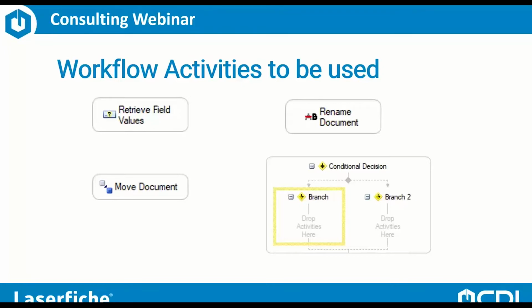The Rename Document activity is going to be used to ensure all of our documents follow the standardized naming convention that we define. And finally, the Conditional Decision activity is going to be used to determine, based on the metadata applied to the document, if it is an invoice or if it is an other document type.